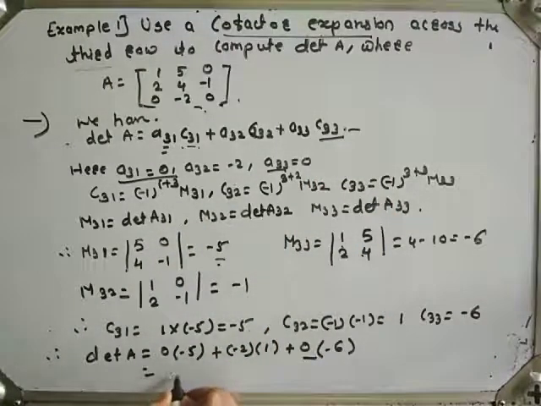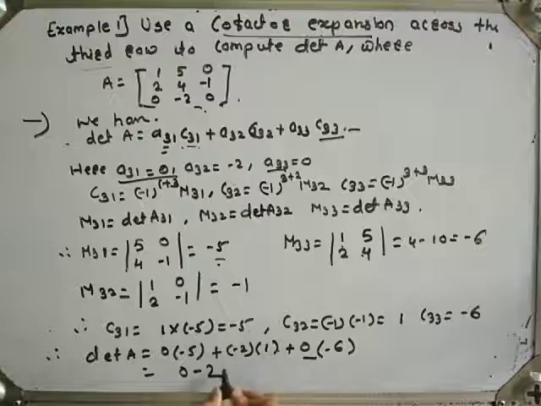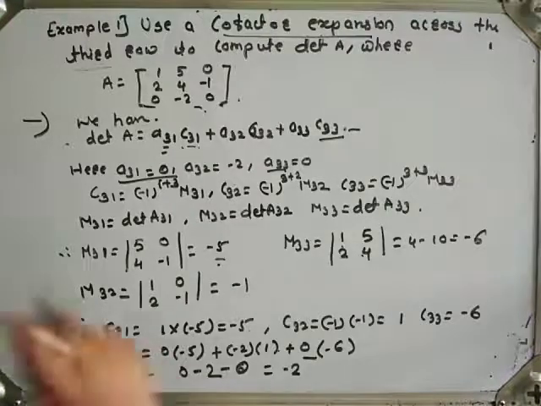So 0 into minus 5 is 0, plus minus 2 into 1 is minus 2, minus 0, which is equal to minus 2. Therefore the determinant of A is equal to minus 2.